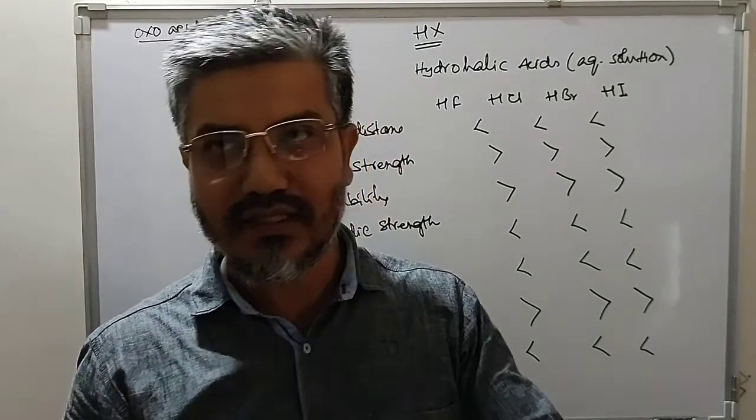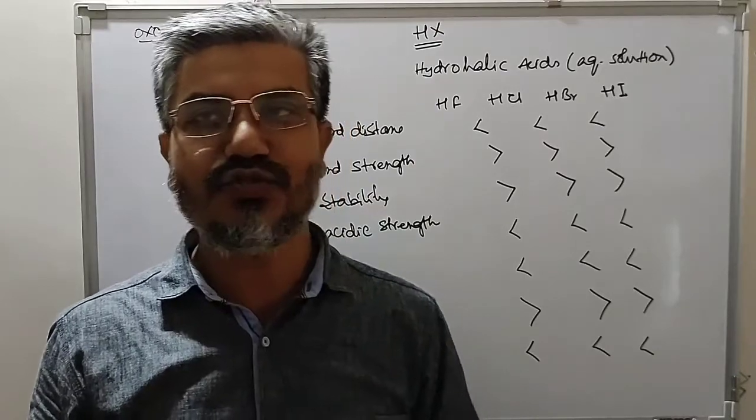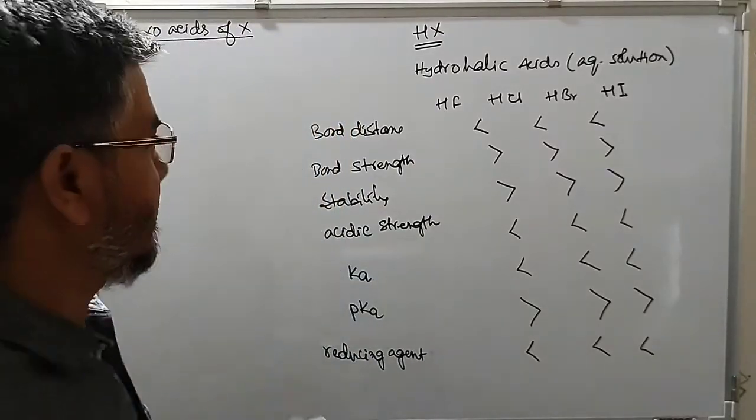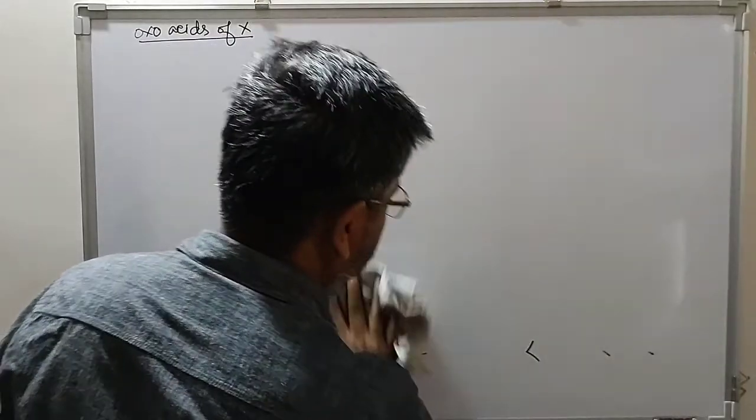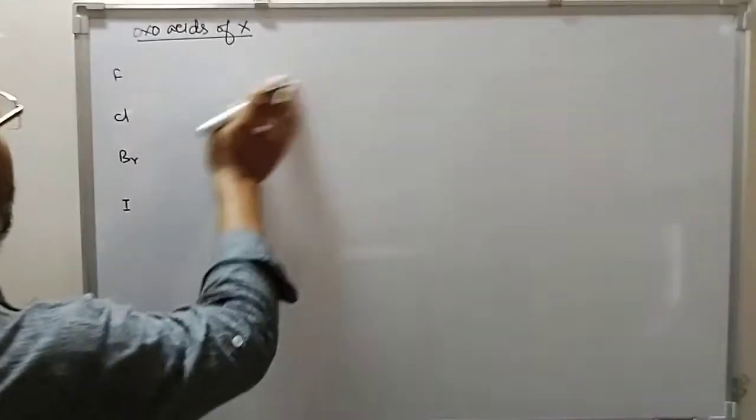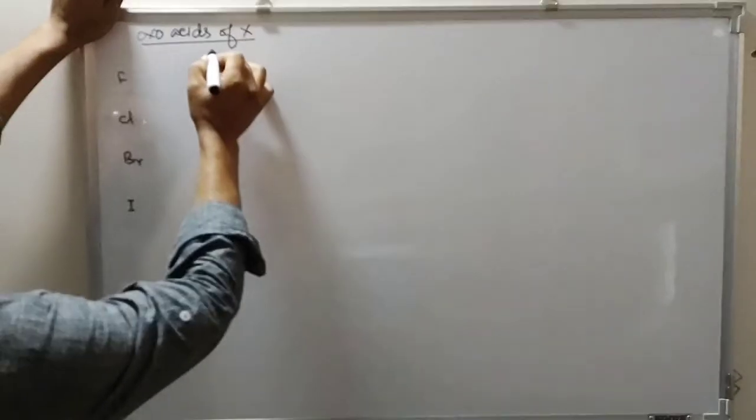Oxoacids means the acidic hydrogen is bonded to oxygen. That is oxoacids. So we have this fluorine, chlorine, bromine and iodine. These form different types of oxoacids.